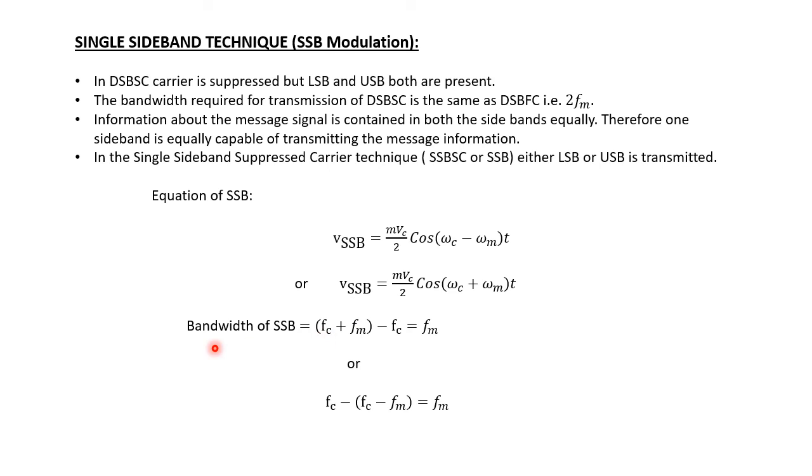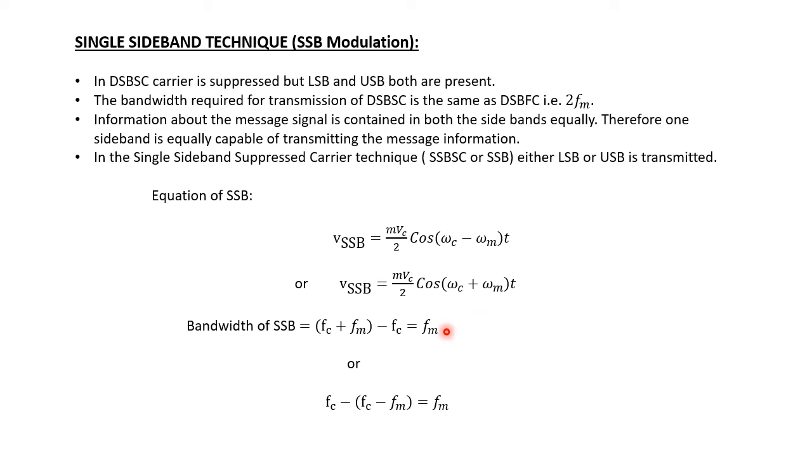Now, the bandwidth required for the transmission of SSB will be the difference of two frequencies. If the upper sideband is carried, then it is FC plus FM minus FC, which is equal to FM, or it is FC minus (FC minus FM), which is equal to FM.